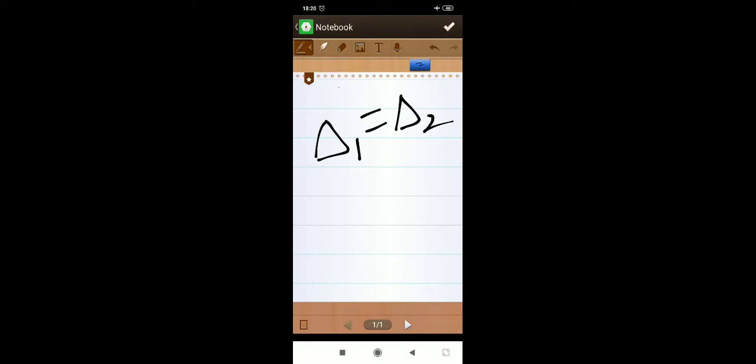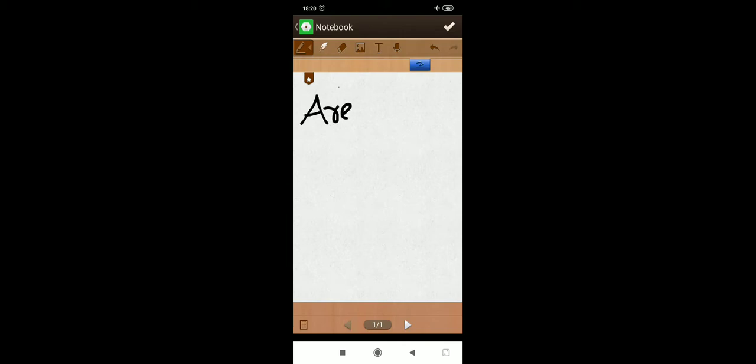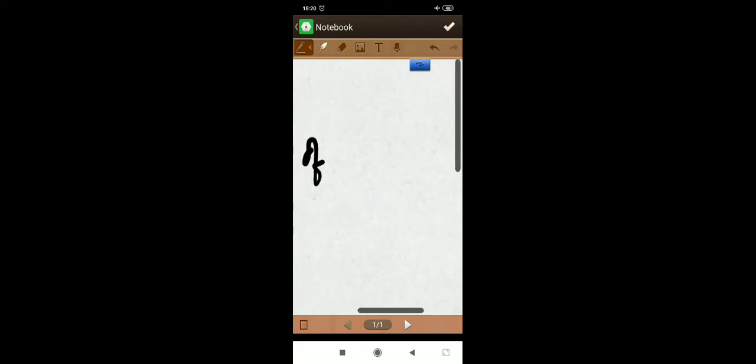Now I will discuss a subtopic of distance formula: area of a triangle.